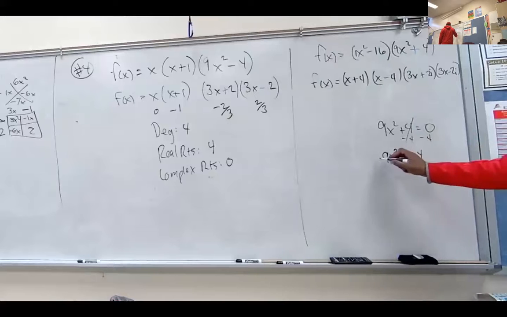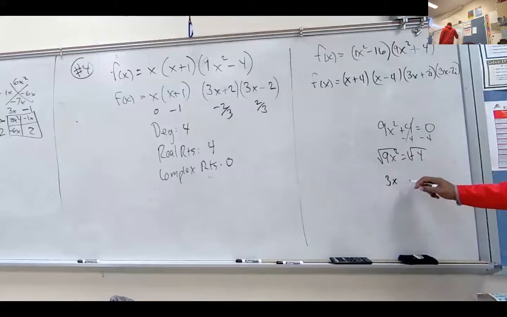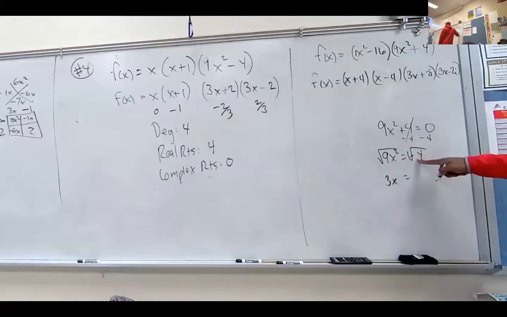To solve that, what I could do is square root both sides. If I square root that, I get 3x. If I square root that, it's going to be 2 what? i. But remember, when you square root a number, what do I put here? Plus and minus.